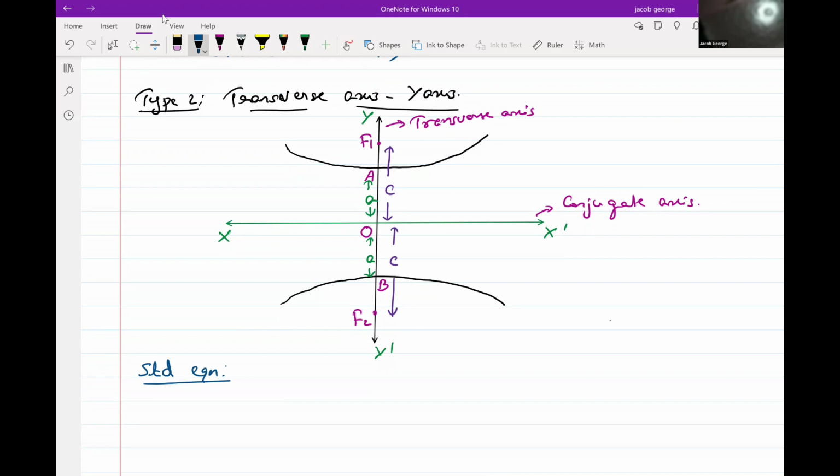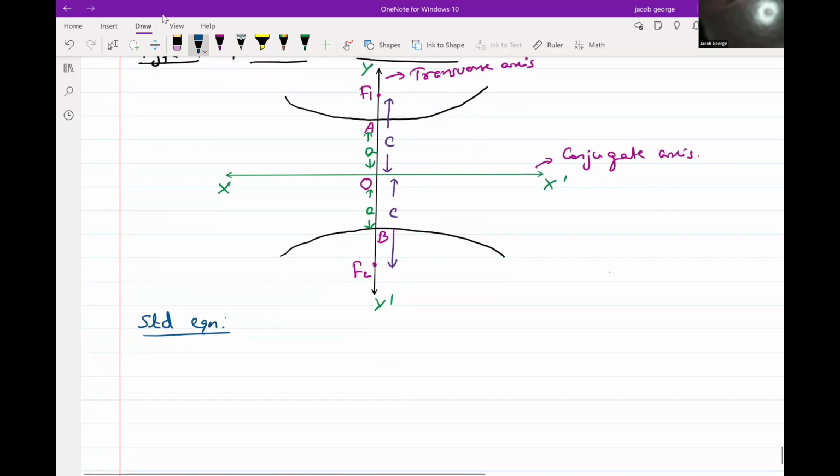Here, transverse axis is y-axis, so that should come first.